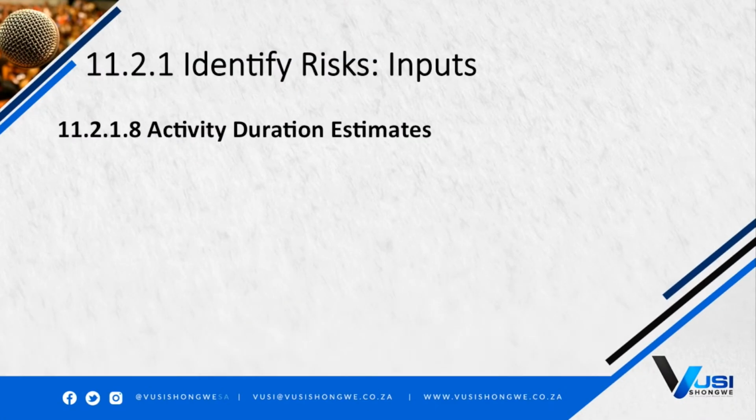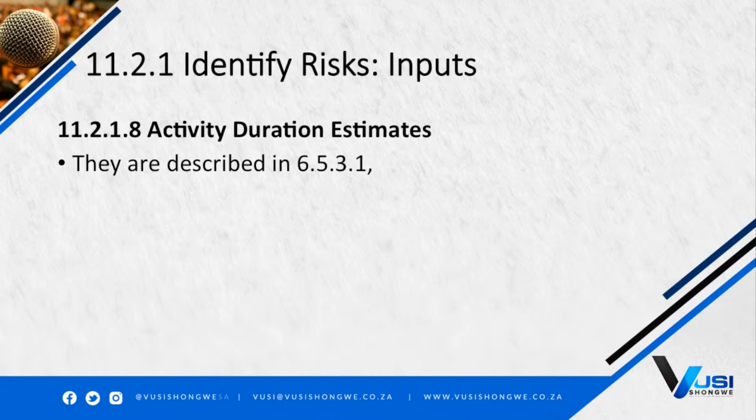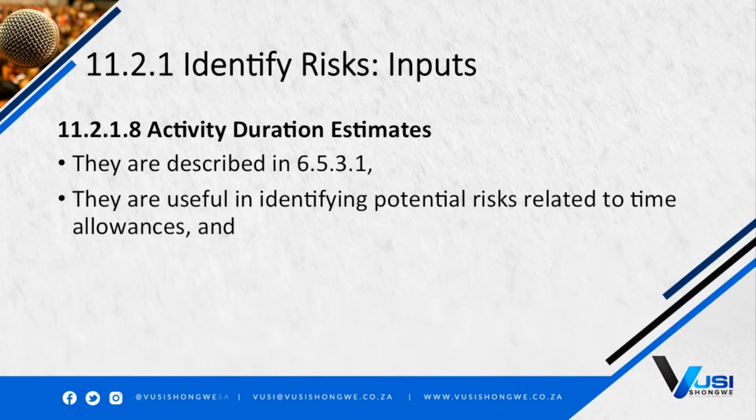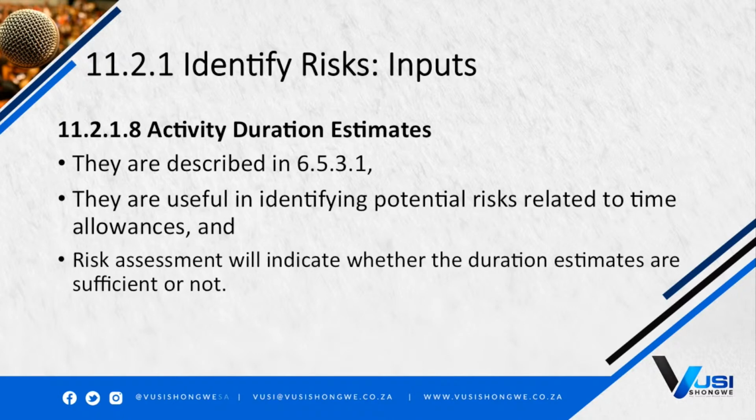Activity duration estimates. They are described in section 6.5. They are useful in identifying potential risks related to time allowances, and risk assessment will indicate whether the duration estimates are sufficient or not.